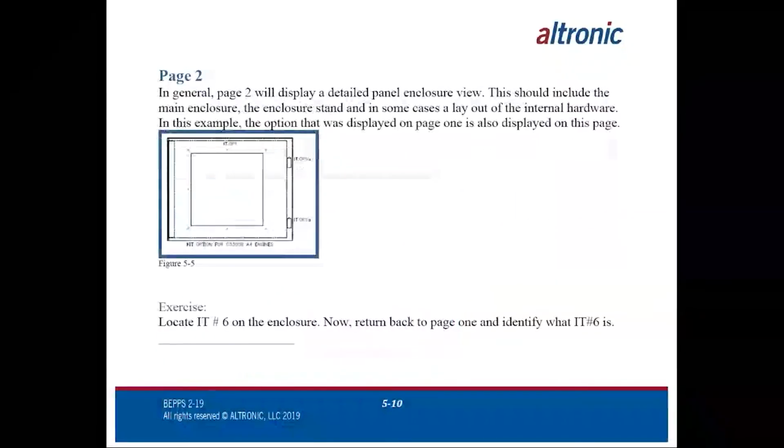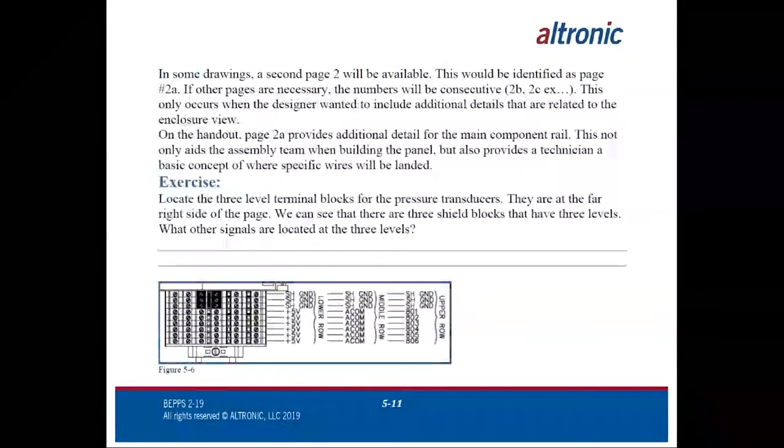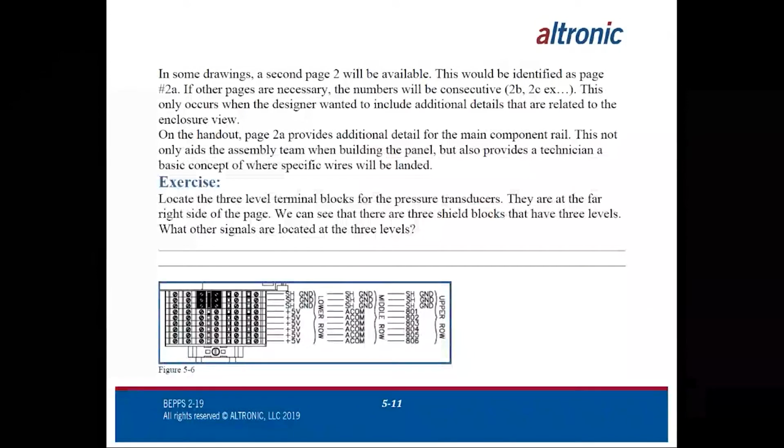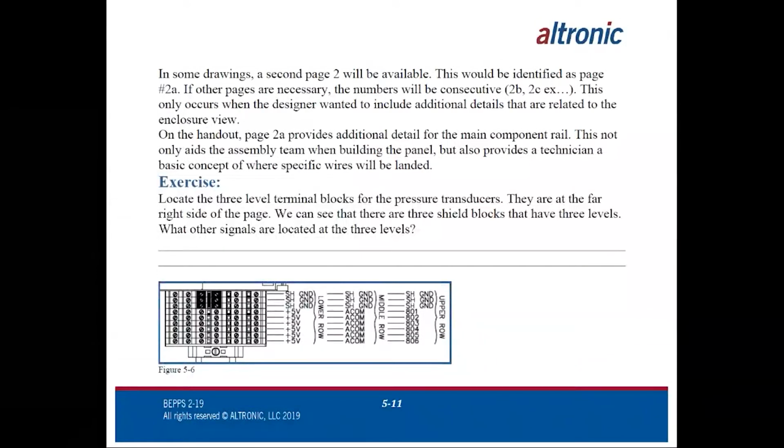Okay, so also on page 2 is generally an enclosure layout showing multiple things about the dimensions of the enclosure, what type of doors it has, where key things are that are viewable from the outside of the enclosure. Sometimes you will see some back pan layouts on the enclosure or on the system, showing details of how the internal components lay out inside there.